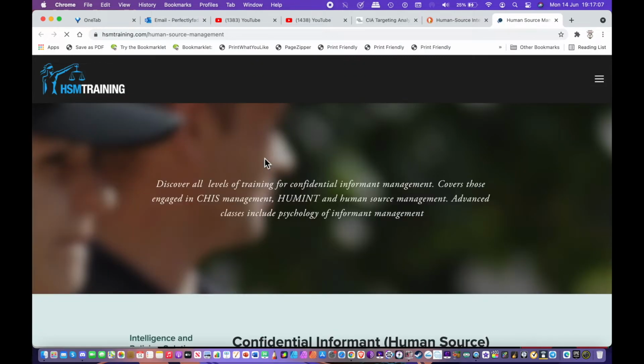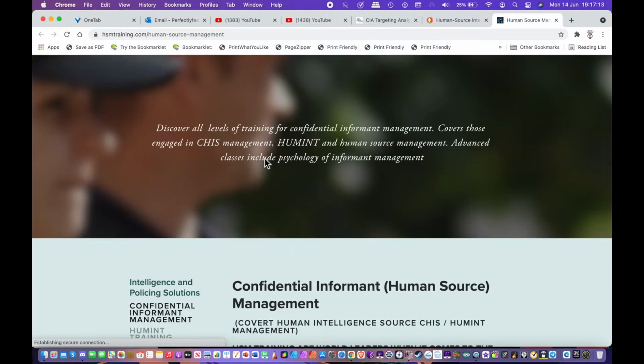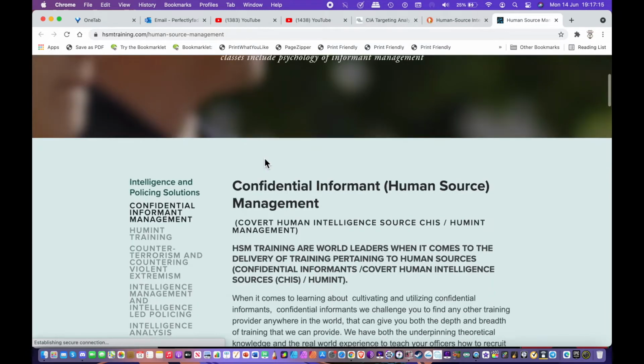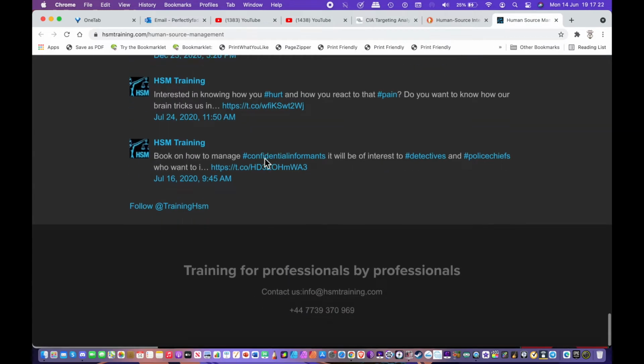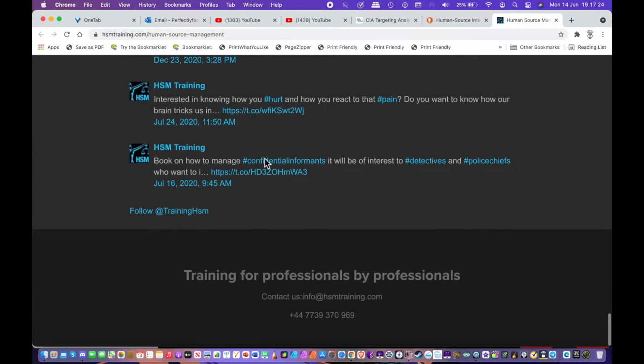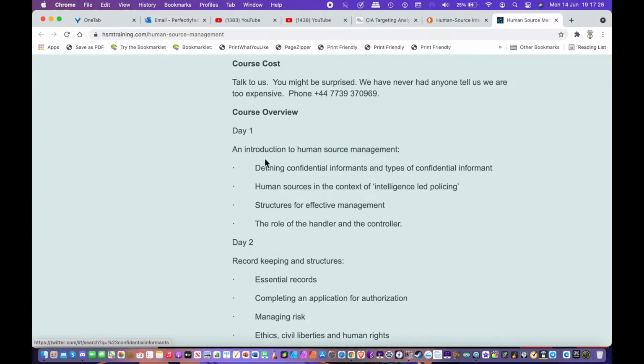The human levels of the confidential informant management covers those engaged. What is this exactly? Training for professionals by professionals.